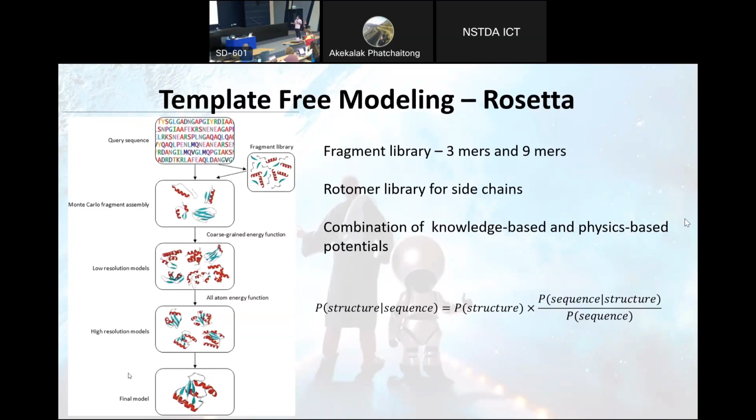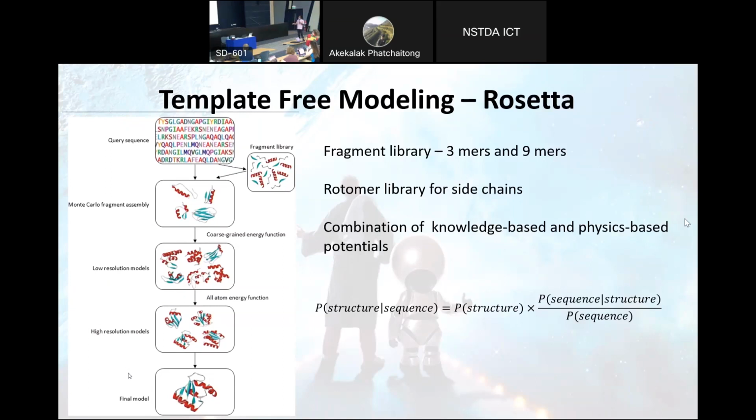The idea behind Rosetta is, again, you fragment your protein into fragments between 3 and 9 amino acids, and you make a fragment library: if you have these 3 amino acids, what is the structure I find in the PDB, and that's your fragment library. And then when you have your query protein, you try to match different fragments by a Monte Carlo simulation.